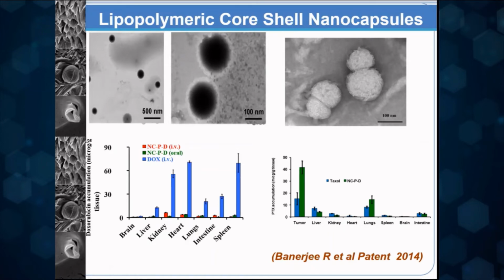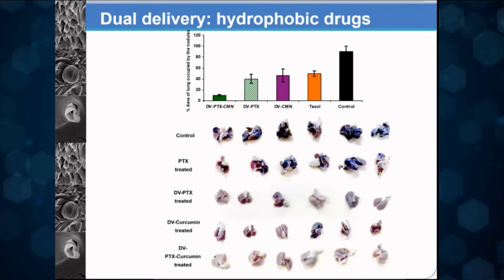If you require sequential delivery, you usually prefer layered or core shell based structures, or multiple materials which will respond to different stimuli, so that one part of your carrier gets destabilized earlier than the other, leaving the other intact. And hence you can control the release of two different types of drugs.